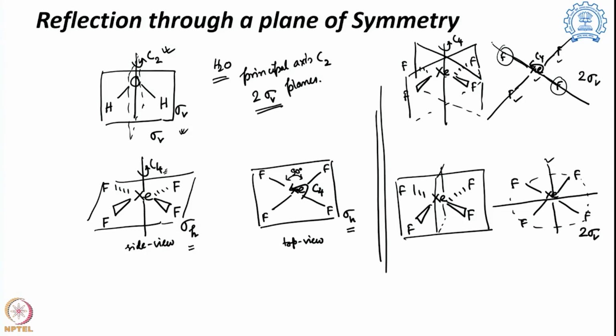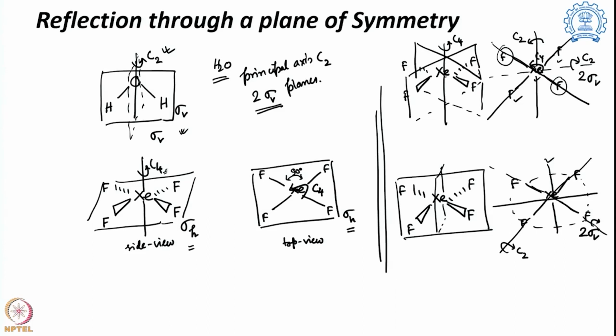But over here we also found there are C2s present. One set of C2 goes through the xenon. If you rotate 180 degrees, you are going to get the same structure, and the other two C2s go through the fluorine-xenon-fluorine bond.